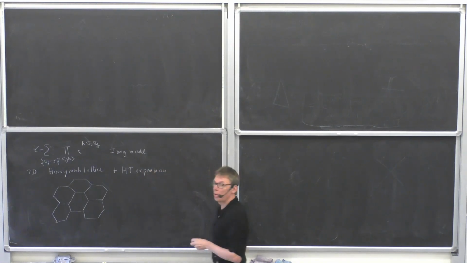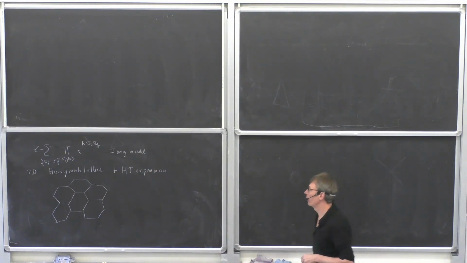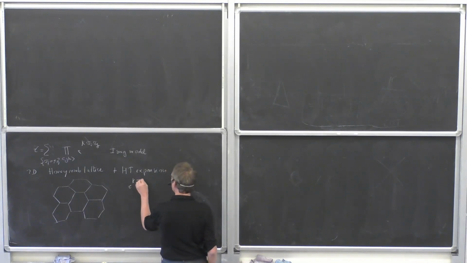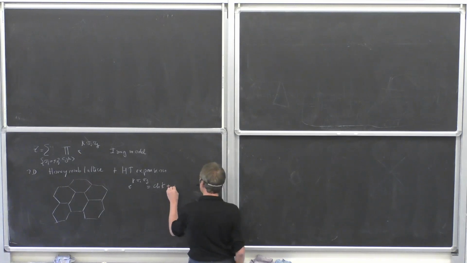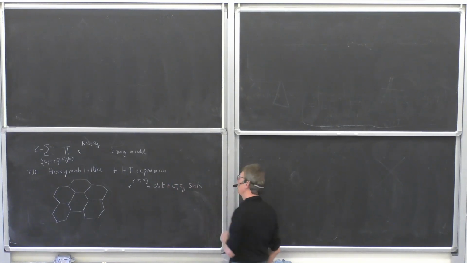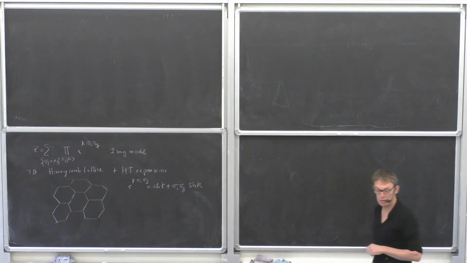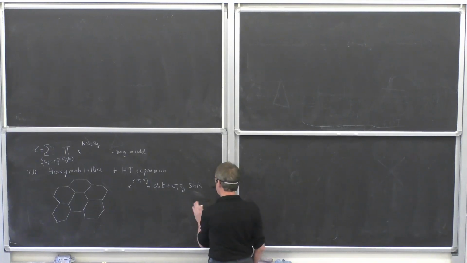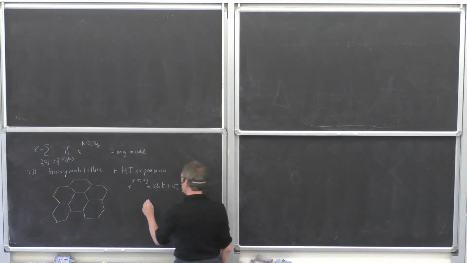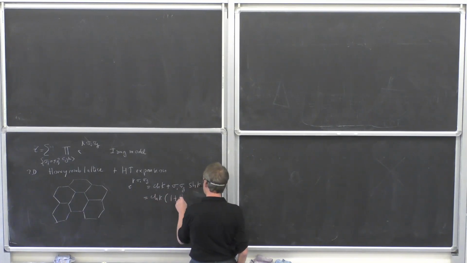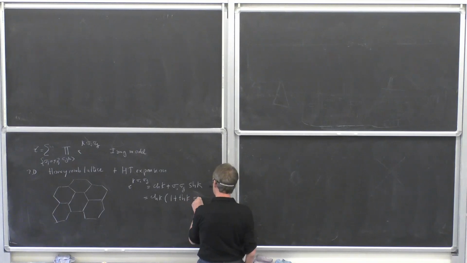where we observe that because the sigmas are equal to plus or minus 1, we can write e to the k sigma_i sigma_j as hyperbolic cosine k plus sigma_i sigma_j hyperbolic sine k. That's obvious, since sigma_i sigma_j is equal to 1 or minus 1, and the sum is equal to e to the k or e to the minus k. And this is cosh k times 1 plus hyperbolic tangent k sigma_i sigma_j.